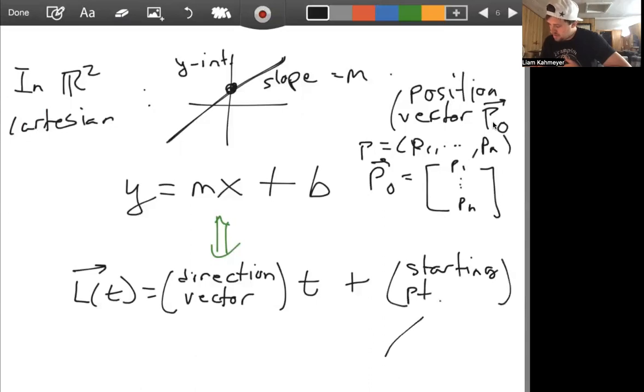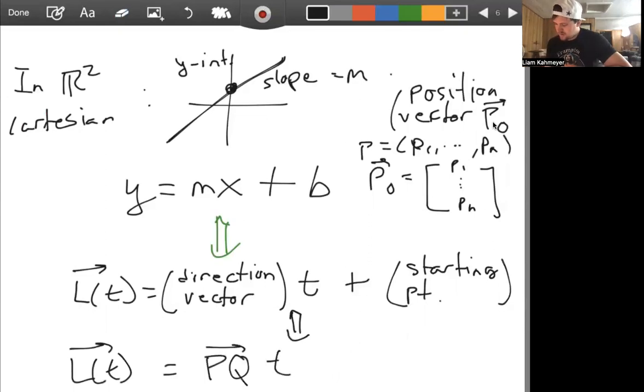It's the vector at T equals 0, right? Because at time 0, that's where we're starting. So let's be more explicit about what this is. Well, we have deduced that the line is the direction vector PQ times T plus P naught here. And so this describes a line between P and Q.